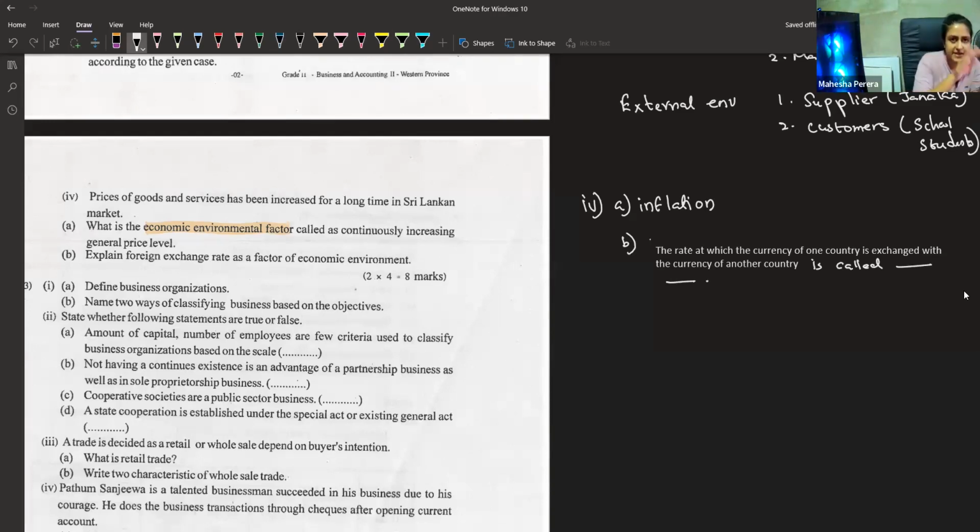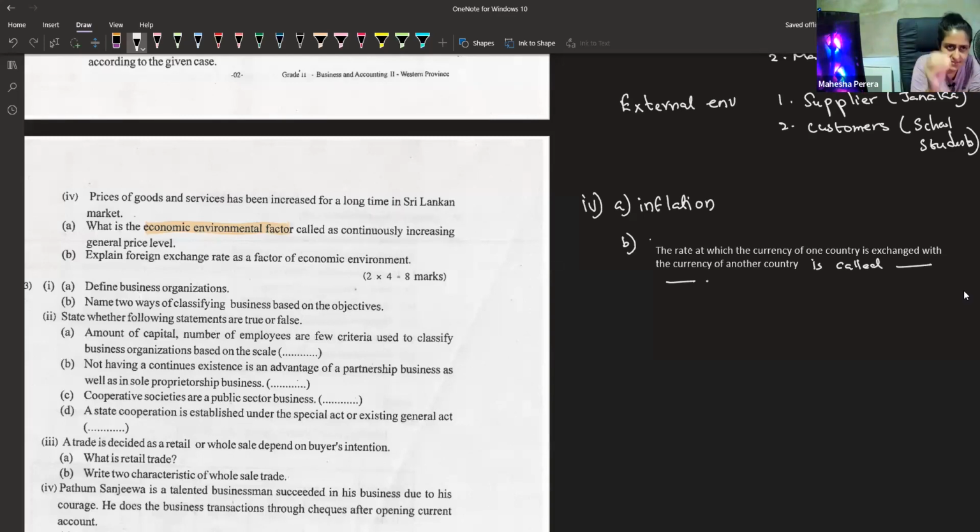For example, when we exchange rupees for dollars, there should be a rate. That is what is called the foreign exchange rate.